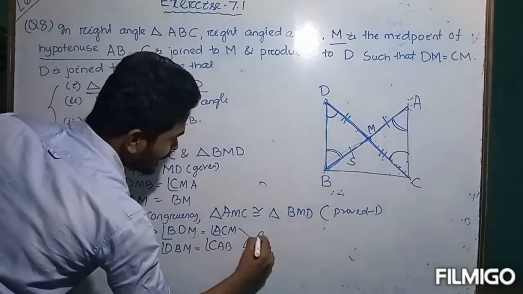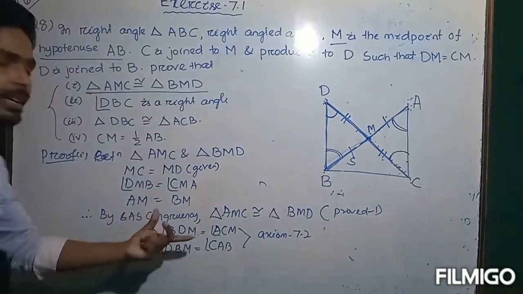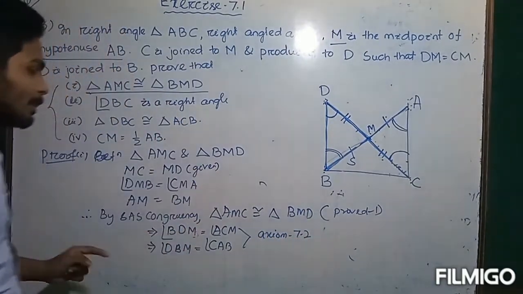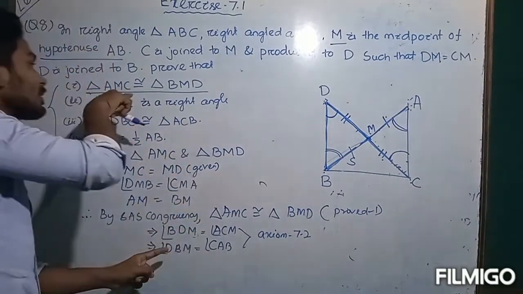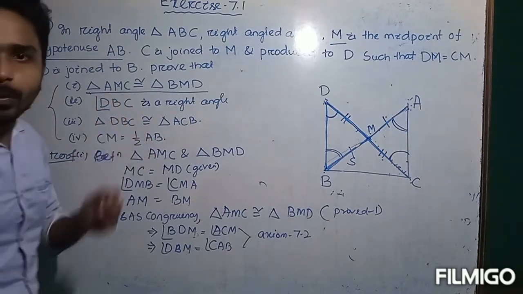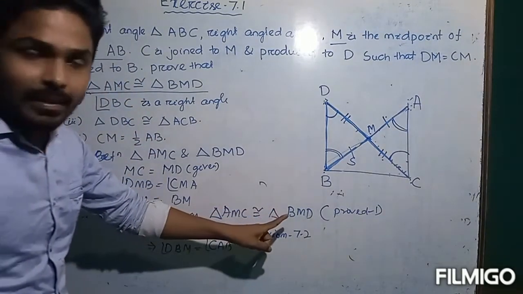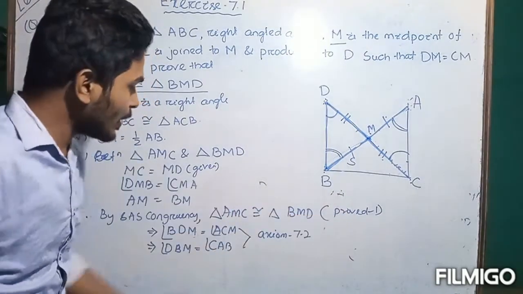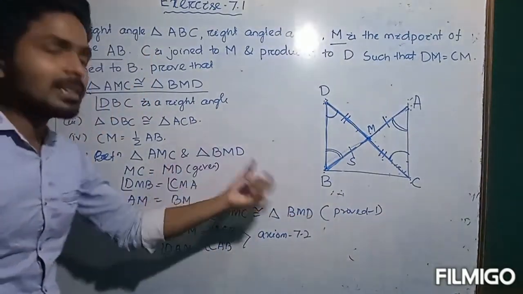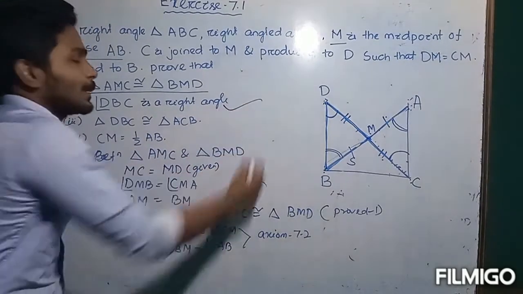Why? By axiom 7.2. Why have I written it? I will tell you later, because this result is used for the proof of the second statement, the third statement, or the fourth statement. Okay, now it is clear. You have found the proof of the first statement and you get a conclusion from that statement. Okay, so now let us move to the second statement.